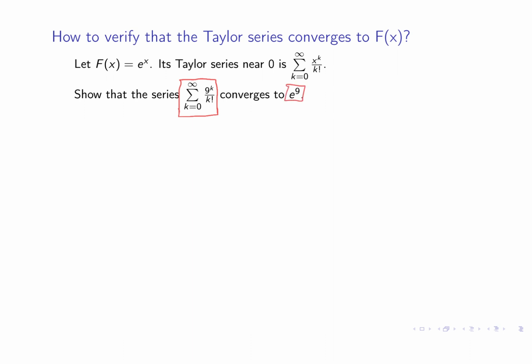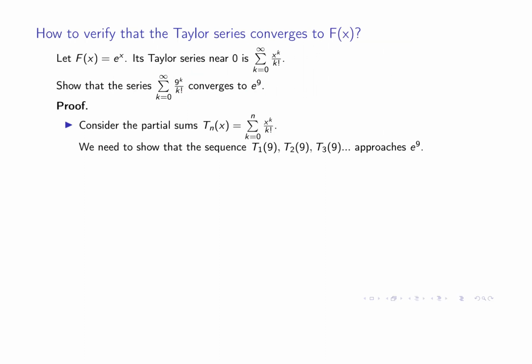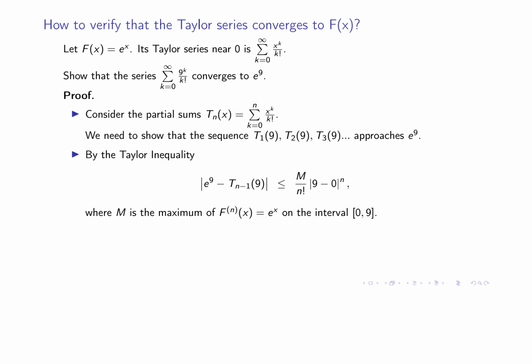Let's try to verify that the series actually converges to e to the 9. Well, we have to go to the basics. Let's consider partial sums of the Taylor series, and denote the nth partial sum by Tn. We need to show that the sequence of numbers T1 of 9, T2 of 9, T3 of 9, and so on approaches e to the 9. So how would we do that?